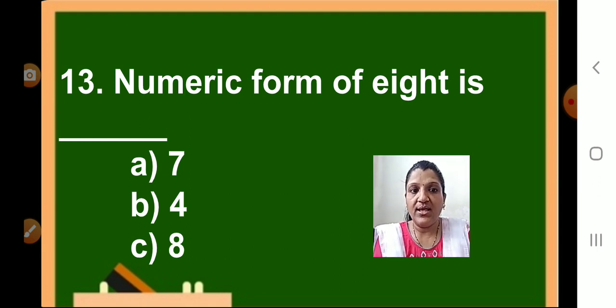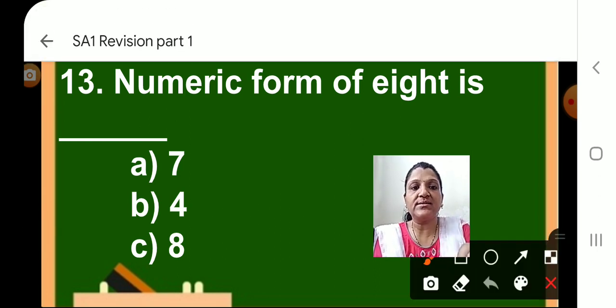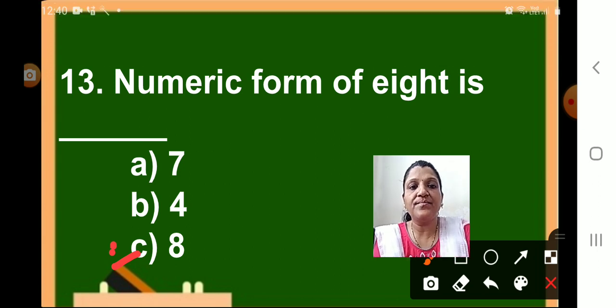A 7, B 4 and C it is 8. So which is correct option? Right, C 8. So let's tick that. Okay. Have you understood, children? Okay. Let us move to the next question.